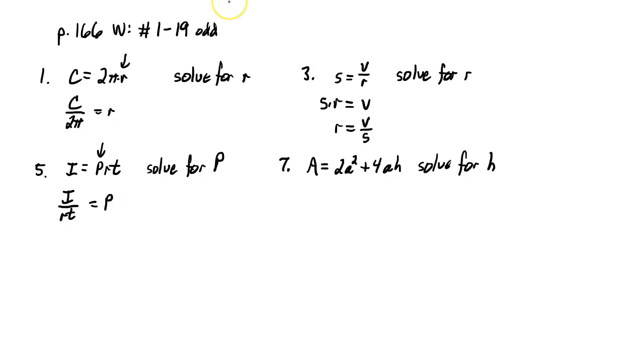Number 7, A equals 2a squared plus 4ah. Solve for the variable h. And please notice that there's a capital A and there's a lowercase a, and those variables are representing different things. We want to get the letter h to be alone, so you got to find it. Here it is. Multiplied to the letter h is a 4a.